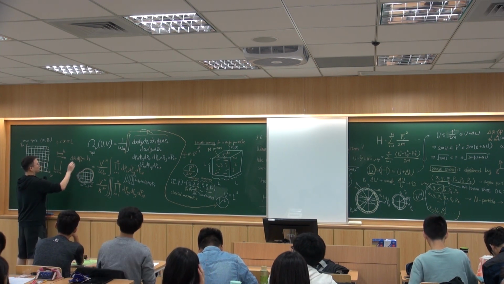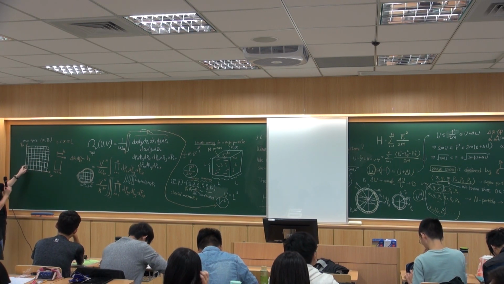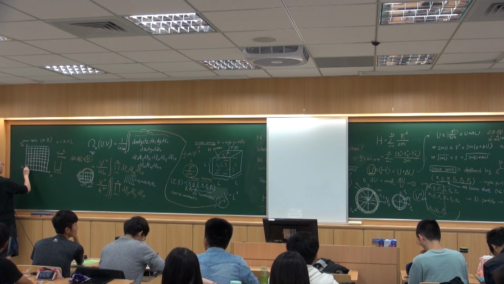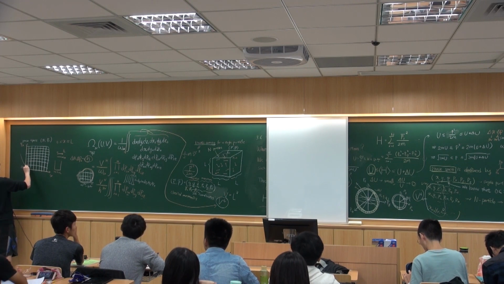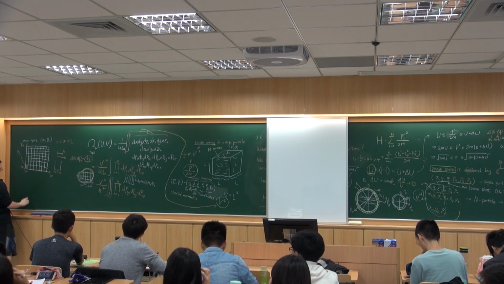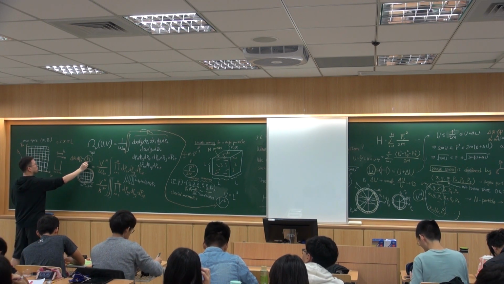Therefore, let's say this one unit of space has an area of h, which is the Planck constant.